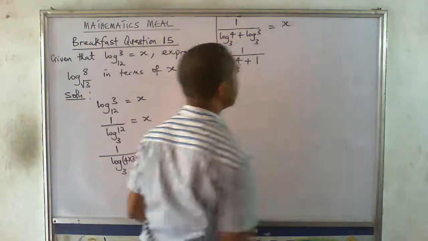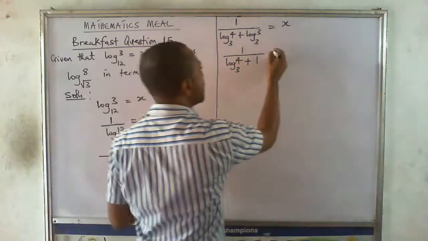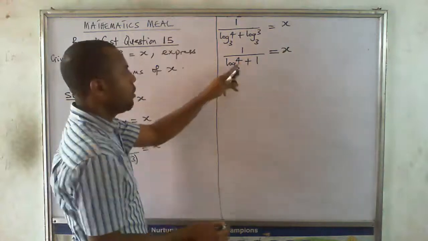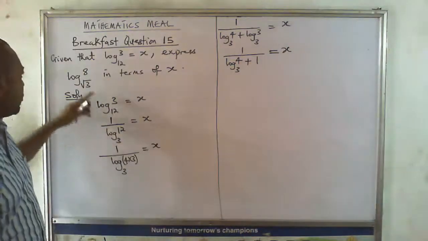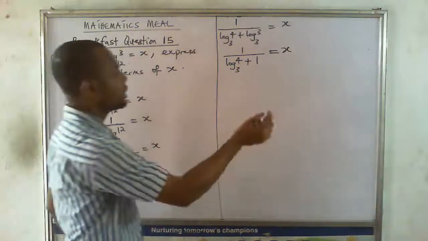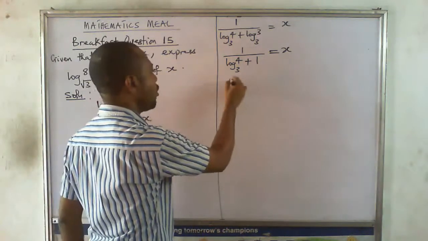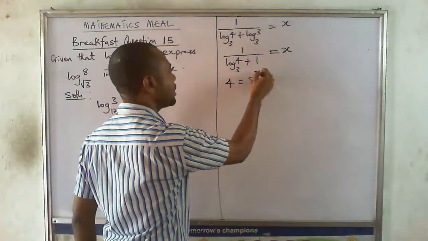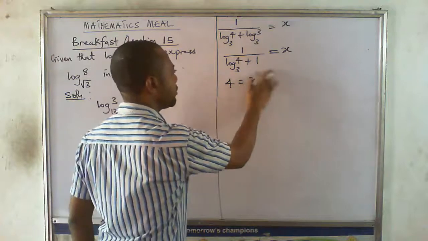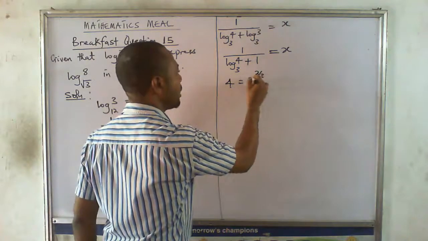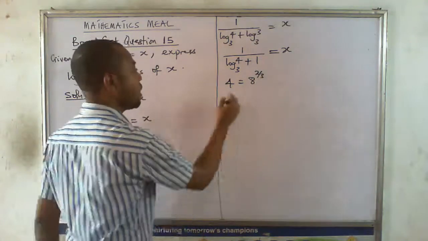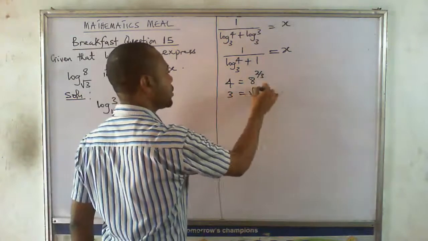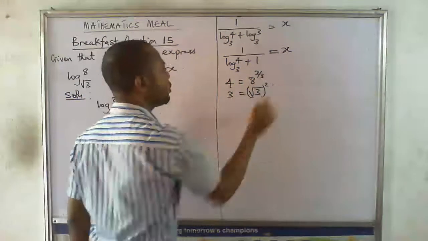So two things that we are going to do. Remember, this is still equal to x. We have said that 4 is the same as 8 raised to power 2 over 3. Cube root of 8 is 2, and 2 squared will give us 4. And we have said that 3 is the same thing as square root of 3 squared.